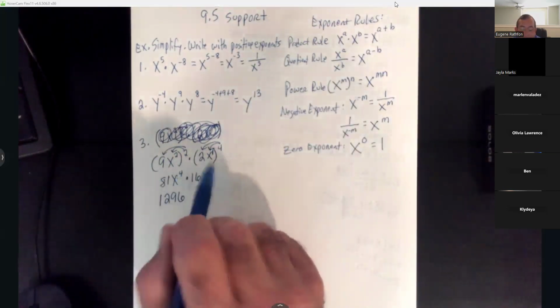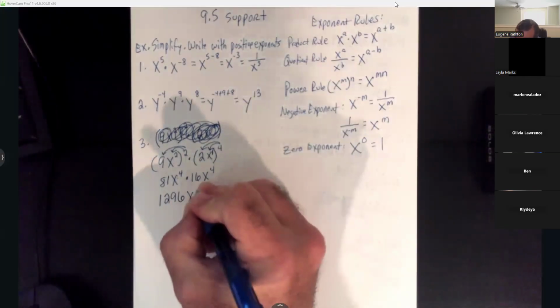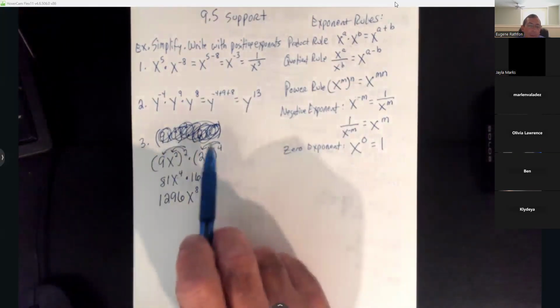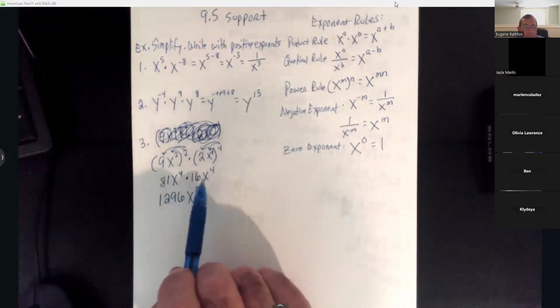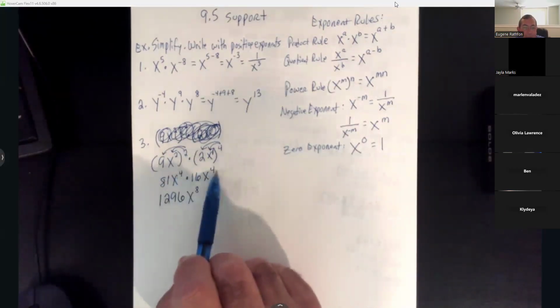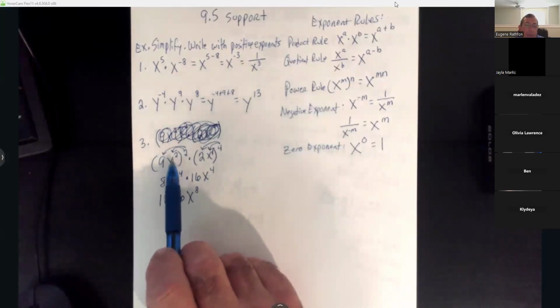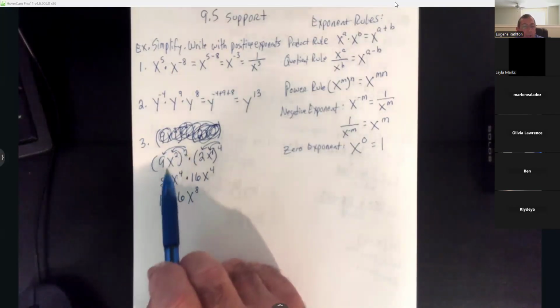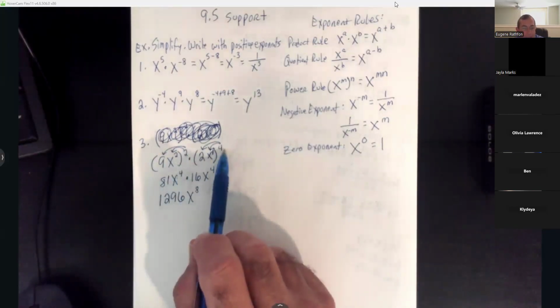And 4 plus 4 gives me an x to the 8th. Okay? Remember, variables times variables, you're going to add the exponents. Right here, you had an exponent raised to an exponent. So that's why we multiplied those, okay?